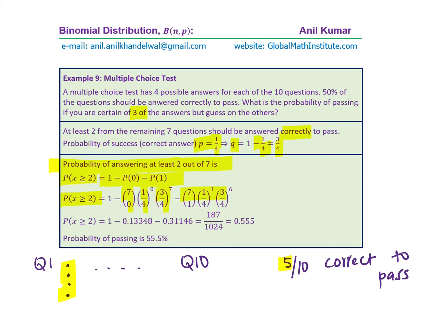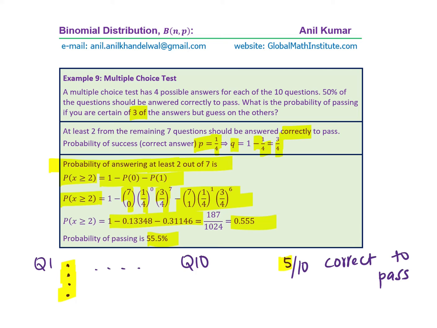And then we also take the case when 1 is correct, right? Those we'll take away from this probability and find the answer. Calculating, we get the answer as 0.555, which is 55.5% chances, since there are only 4 options, correct?